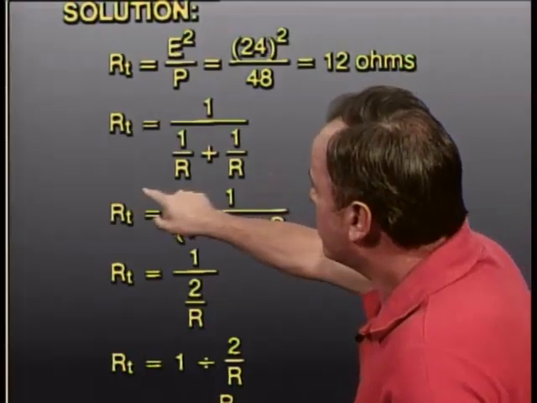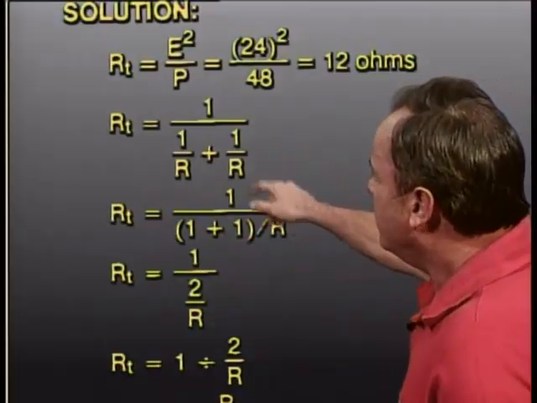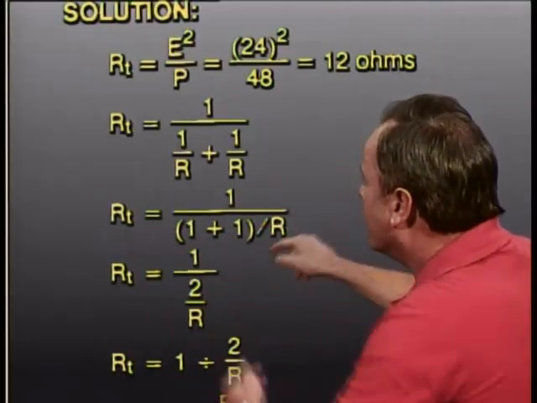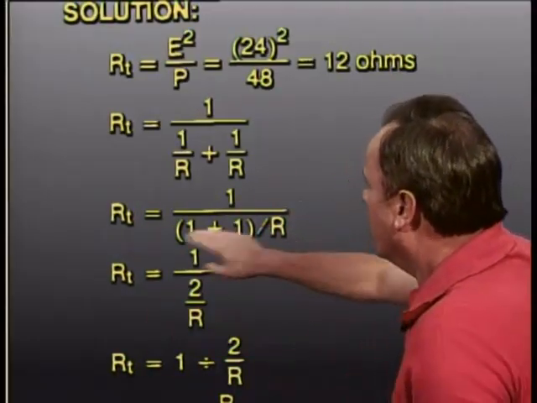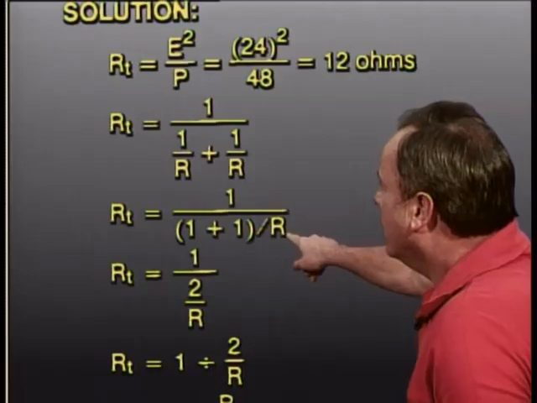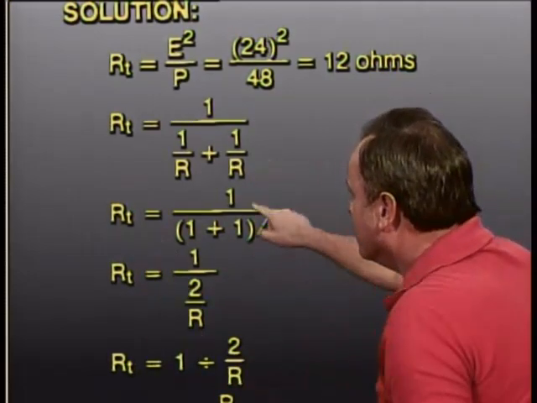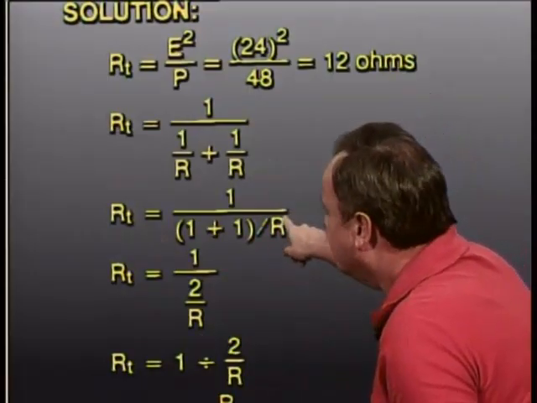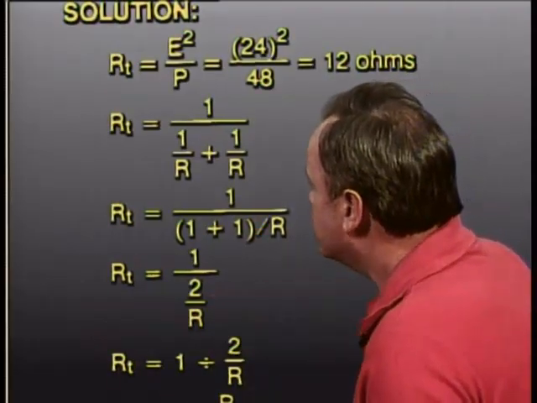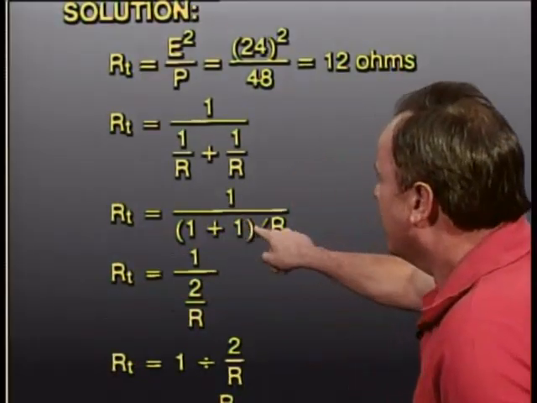So that 12 ohms resistance, that's that total resistance, is equal to 1 divided by, and you can factor out 1 over R here, and it's 1 plus 1 times the quantity, 1 divided by R. So we factored out that 1 divided by R, and it's 1 plus 1, that quantity, times 1 divided by R, which is the same as anything divided by R over R. And now we have the total resistance, that was 12 ohms, is equal to 1 over, and this is 1 plus 1, that comes out to 2.